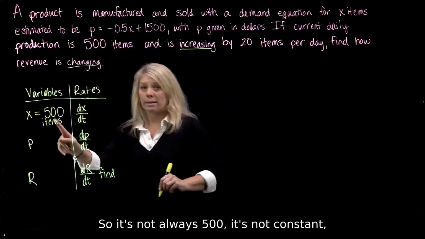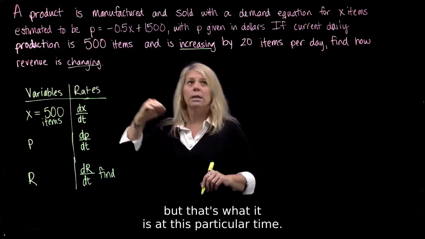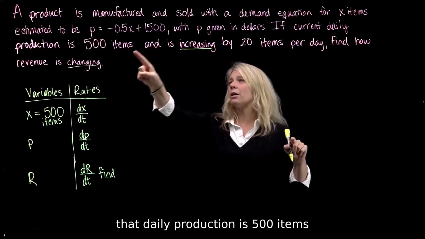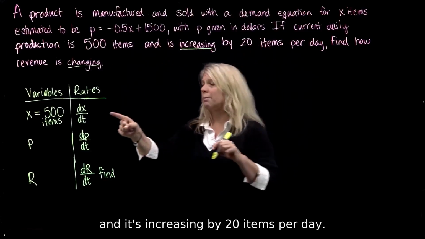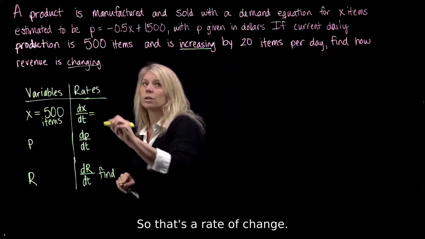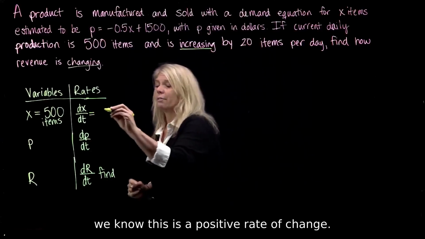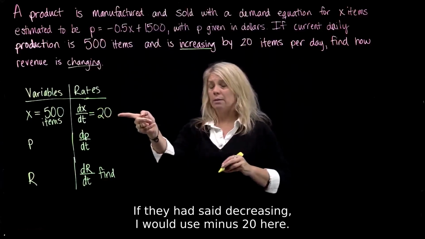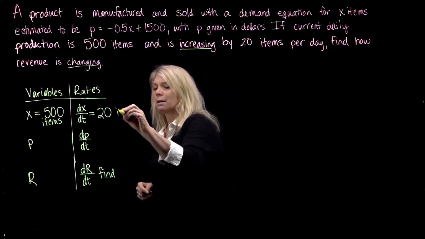So it's not always 500, it's not constant, it is a variable, but that's what it is at this particular time. And then it tells us here that daily production is 500 items and is increasing by 20 items per day. So that's a rate of change. Since this is increasing, we know this is a positive rate of change. If they had said decreasing, I would use minus 20 here. So increasing by 20 items per day.